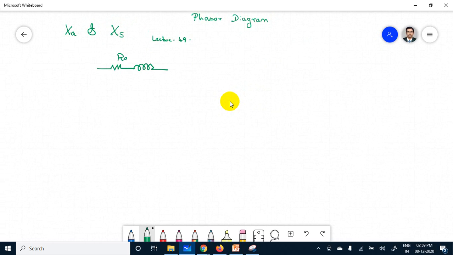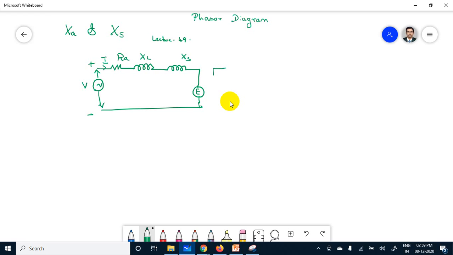RA, XL, then XS, then here E will be available. Here plus minus, here there will be AC voltage and current flows, and here there will be a winding.